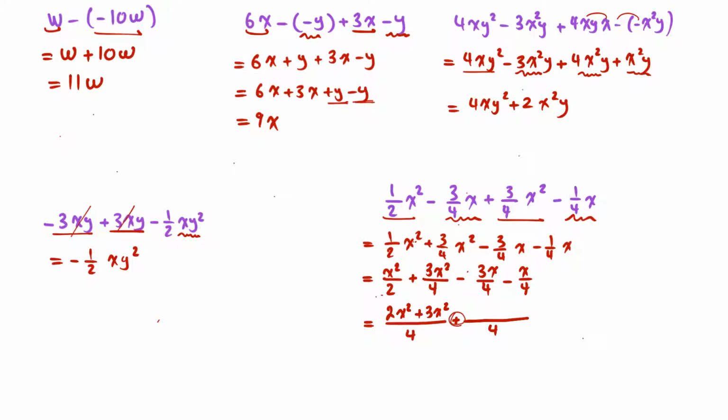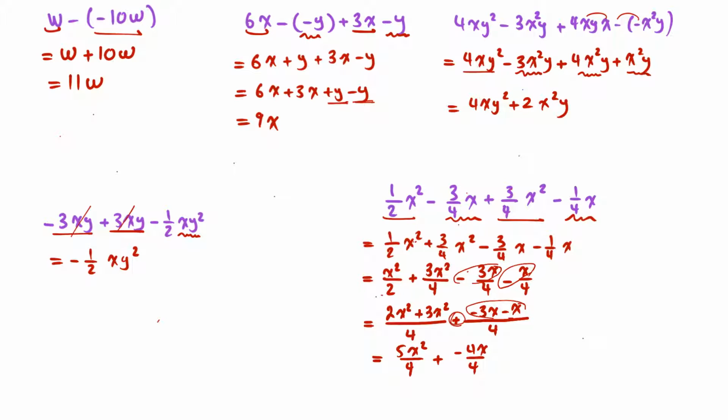It's because I'm going to separate this 3x over here, and I'm going to put this as -3x over here and -x over here, and I will get a total of 5x squared on top over 4 plus, and I will have -3x minus x, which gives me -4x over 4 over here.